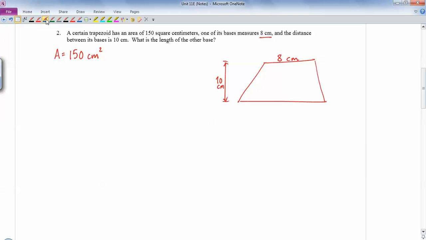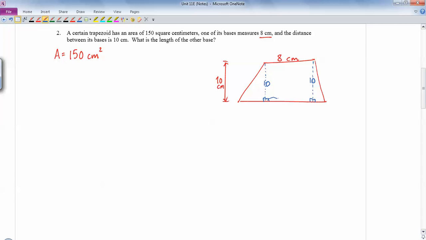Okay, so I'm going to do this problem a few different ways. You can decide if you like one better than another. So here's one way of doing it. A lot of people like to chop trapezoids up into triangles and a rectangle in the middle. So if we do that, we know that the height is 10.